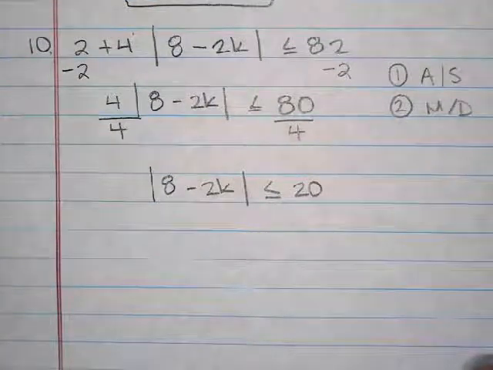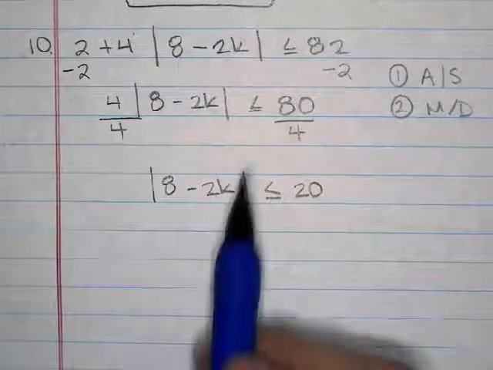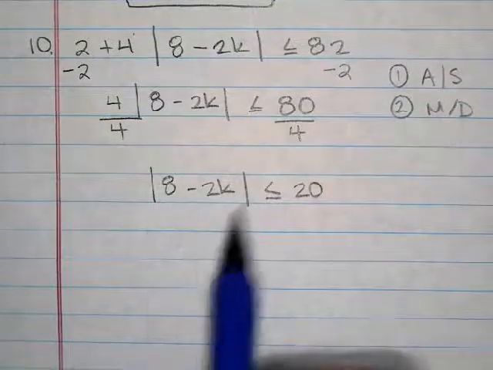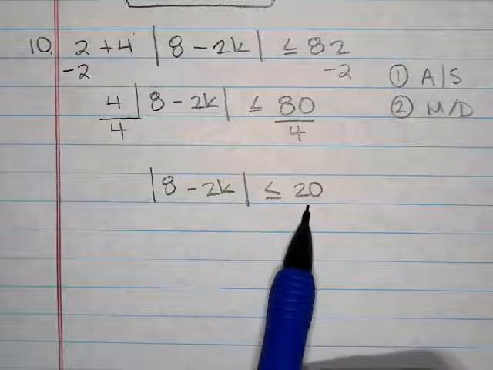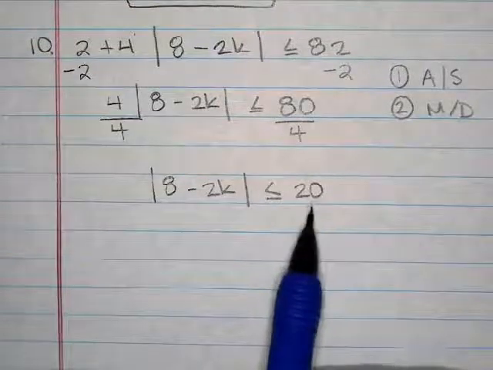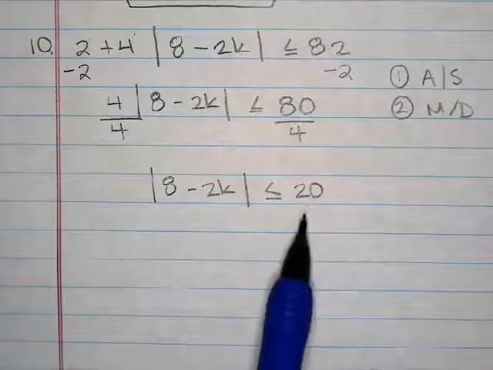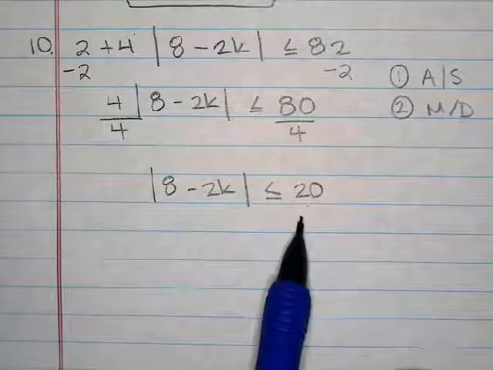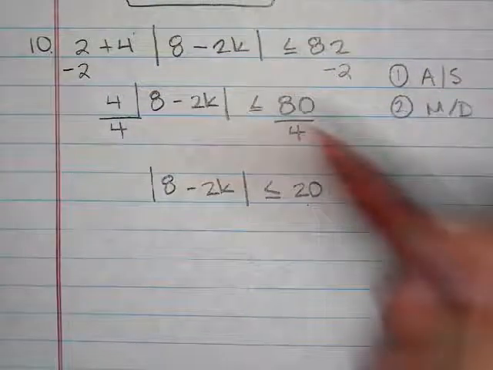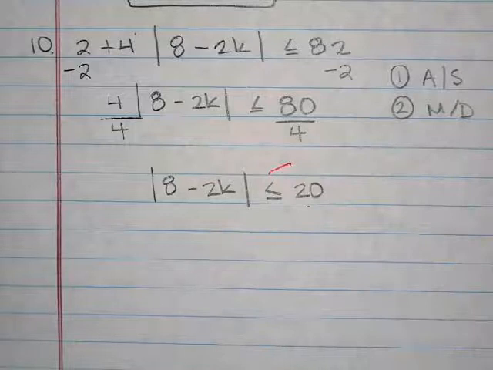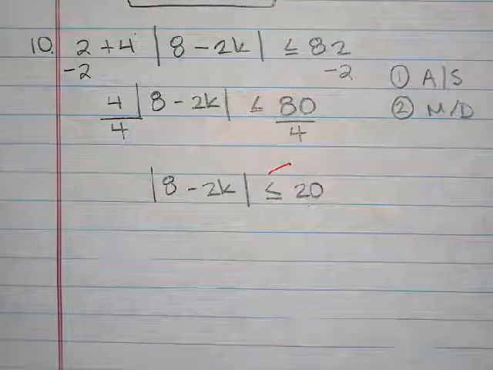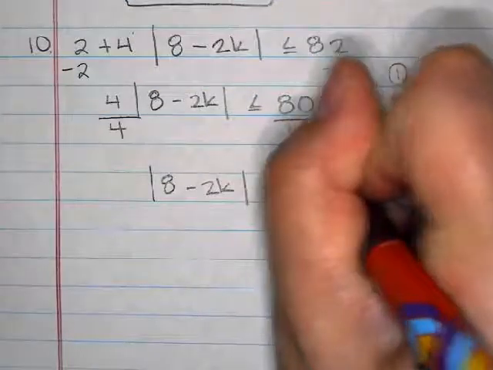And at this point, we have the absolute value completely by itself on one side, the number completely alone on the other side, and the number is positive. So we can work with this. So now I look at my sign, and what's the name of that sign? Less than. This is a less than sign.